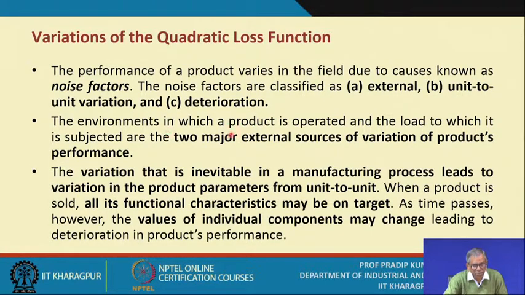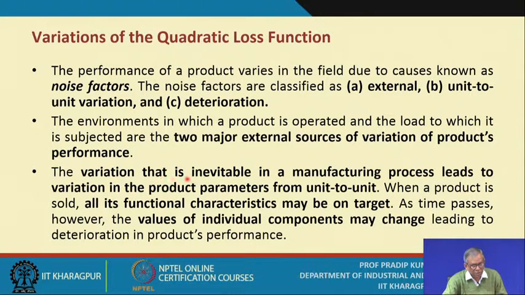The environments in which a product is operated and the load to which it is subjected are the two major external sources of variation of the product's performance. We are just recapitulating, and when you opt for robust design in the Taguchi method, make sure that the effect of external as well as internal noise factors is held at a minimum.